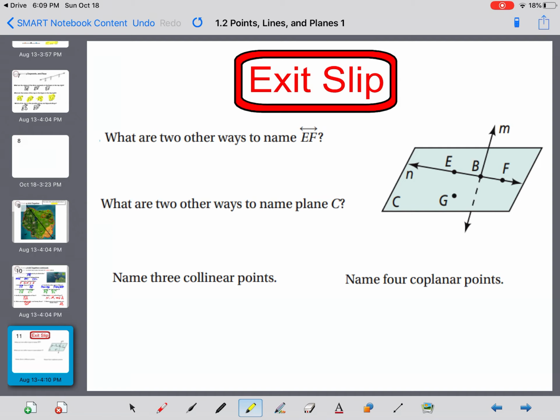Name 3 collinear points, meaning they exist on the same line. Feel free to identify 3 collinear points. Name 4 coplanar points, meaning points that exist on the same plane. Feel free to write those down.